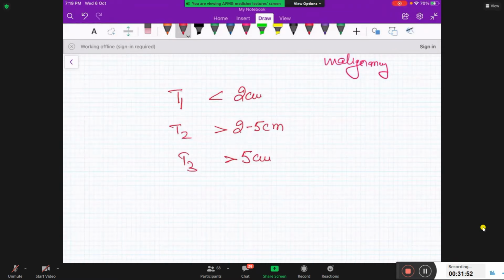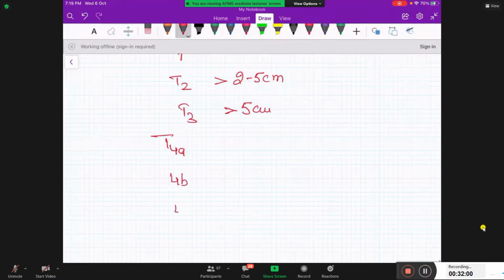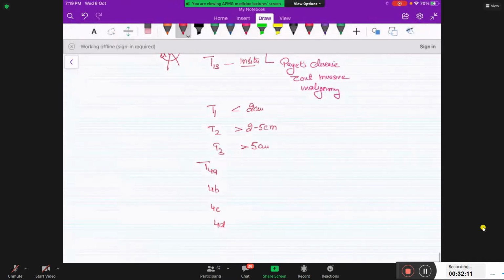T4 is further divided into 4A, 4B, 4C, and 4D.